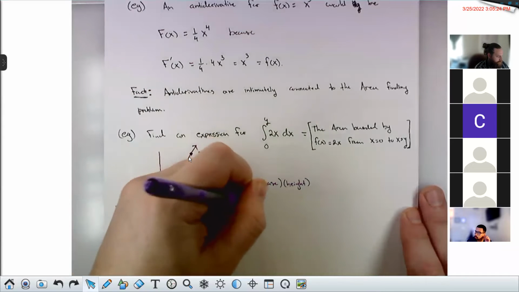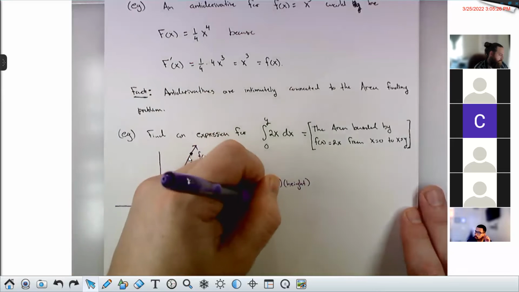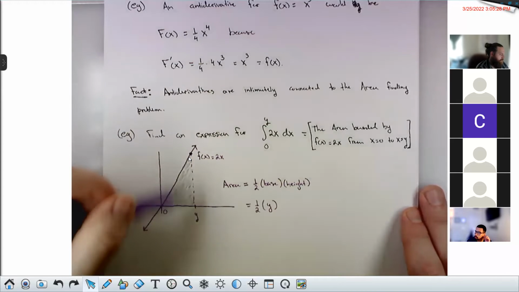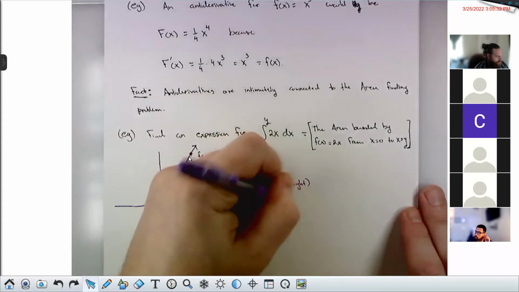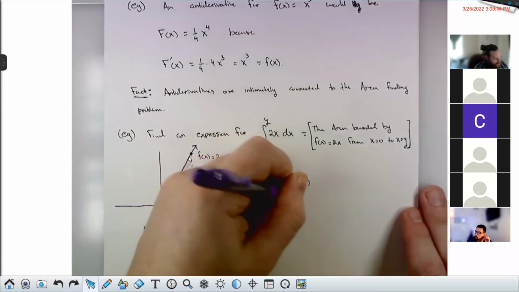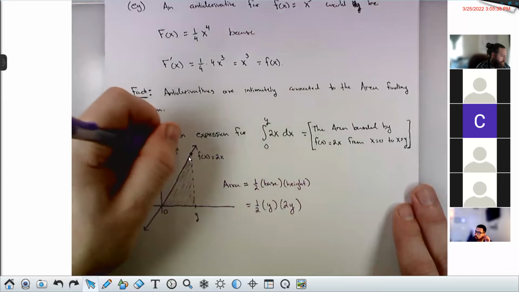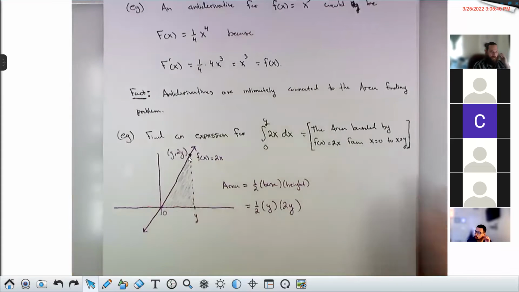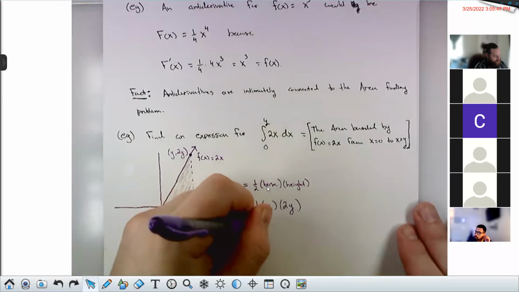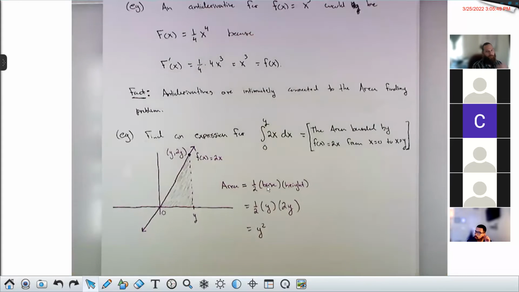So this is 1/2 times y times the output here, when you plug in y for x, which is 2y. This is the point y comma 2y because we're on the graph f of x equals 2x. The 1/2 and the 2 cancel, and you get y squared.